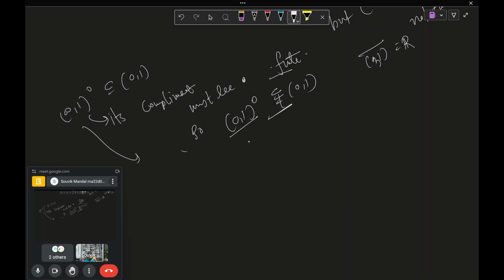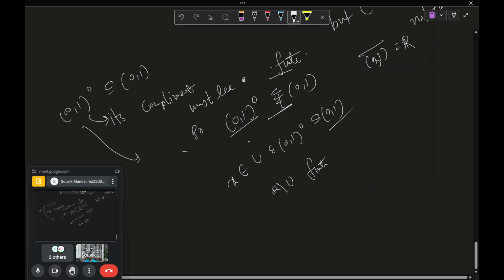In open (0, 1), if you take any point x, the open set containing that point cannot be a subset of (0, 1), because it contains almost the entire R excluding a few points of R. So that cannot be a subset of open (0, 1).